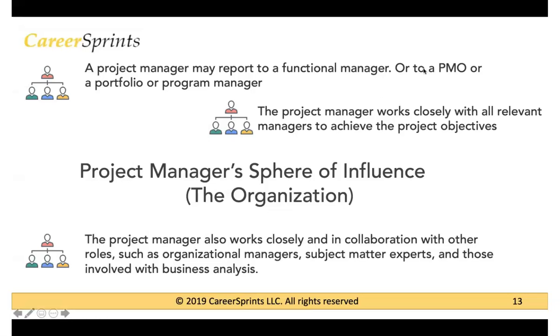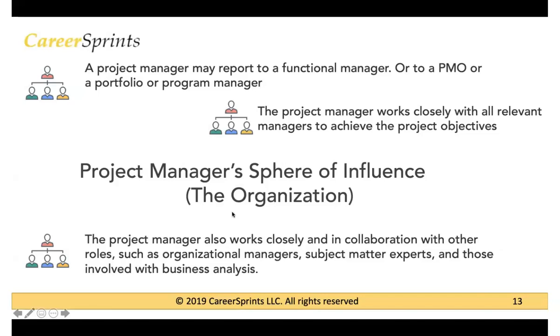So it really depends. The project manager can report to a functional manager, to a PMO, to a portfolio manager, to a program manager, and so on and so forth. The project manager will work closely with all relevant managers, like I said, all other functional managers and operational managers. And the project manager will work closely and in collaboration with other roles such as subject matter experts and those involved with business analysis or any other roles within the organization.